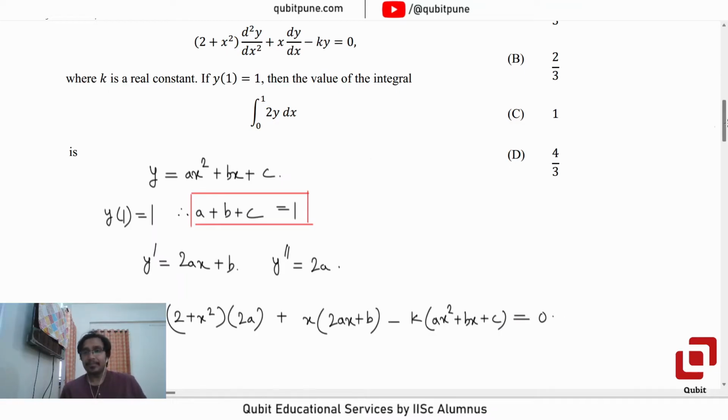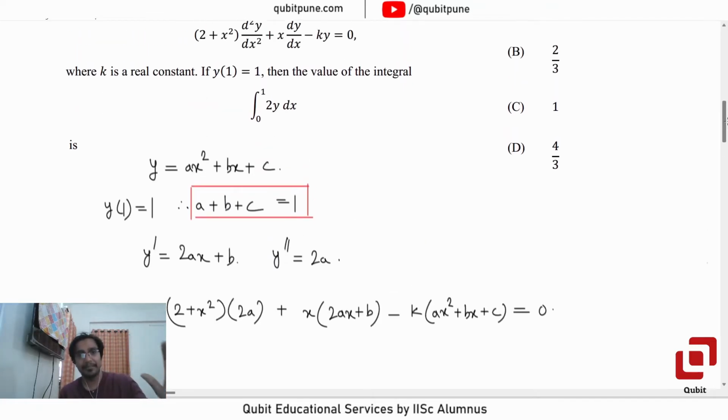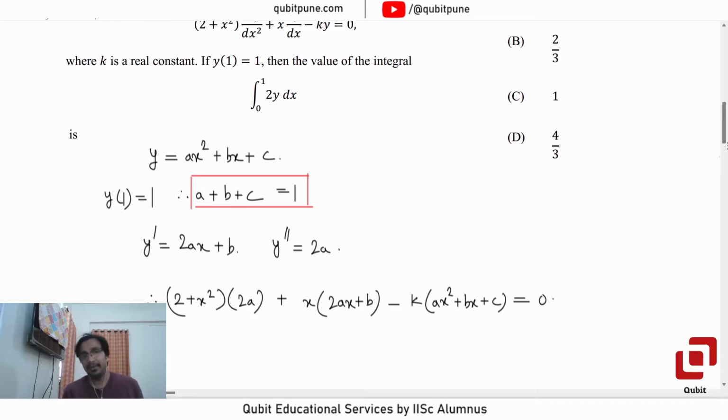Okay, now what is our job? This is the satisfaction of the whole function, that is y equal to ax squared plus bx plus c, which means LHS should be equal to RHS, not for any single or finitely many values of x. It should be there for all values of x in the domain.